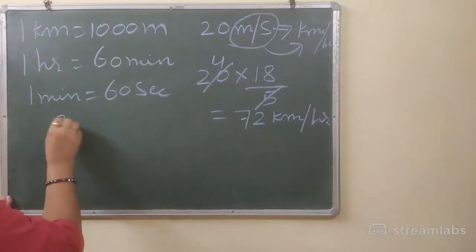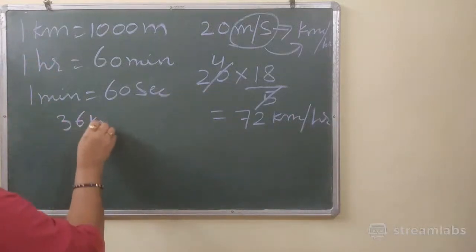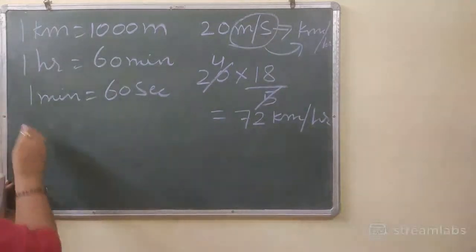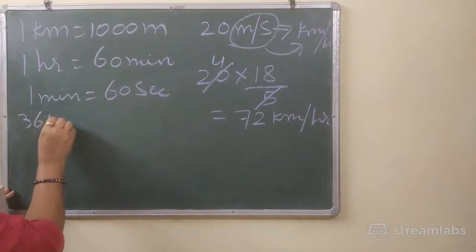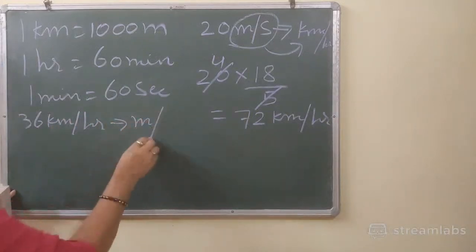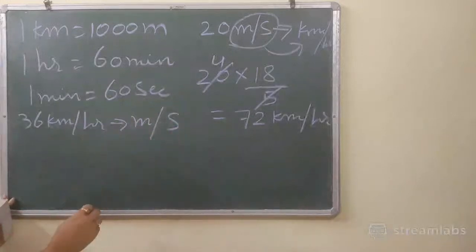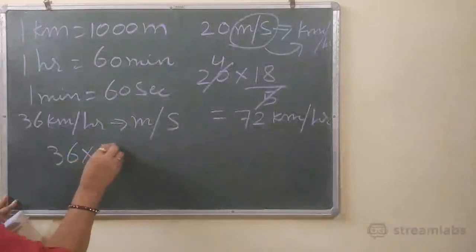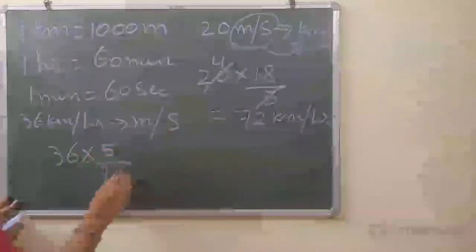Now, if it is given 36 kilometer per hour, how will you convert this into meter per second? So just opposite, you will multiply with what? 5 by 18.